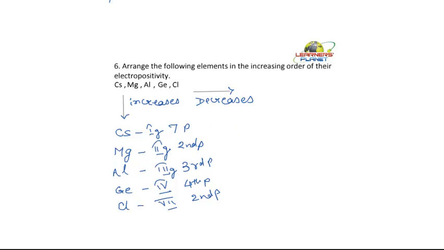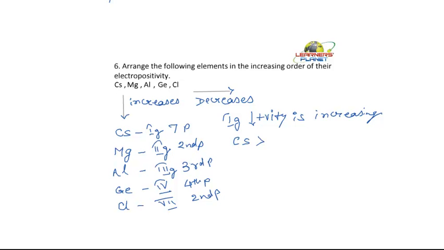So which will be most reactive here or most electropositive? The first group elements are electropositive, and that too in the first group. Down the group, what is happening? Electropositivity is increasing. Which is the last element? Cesium. So cesium should be most electropositive, right?